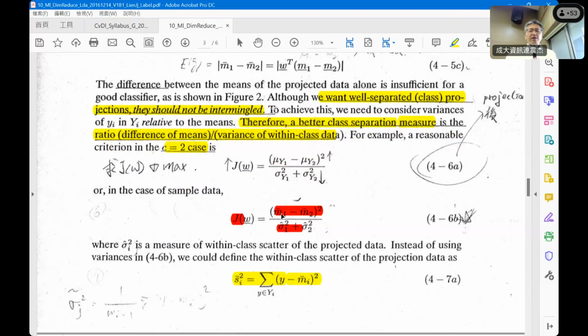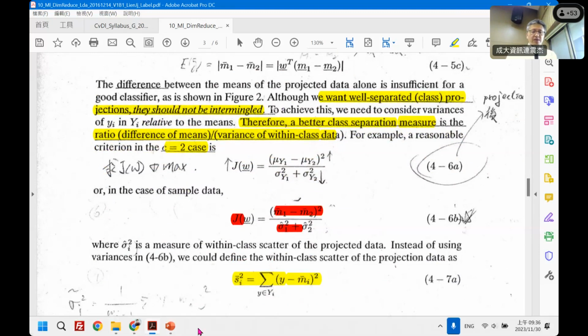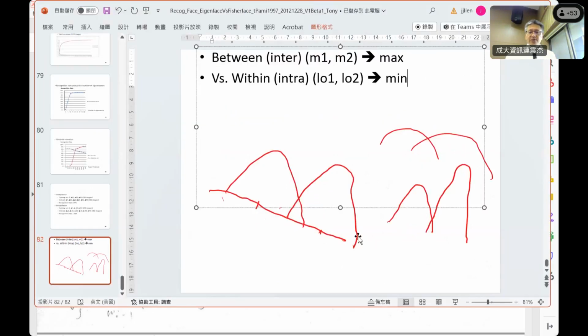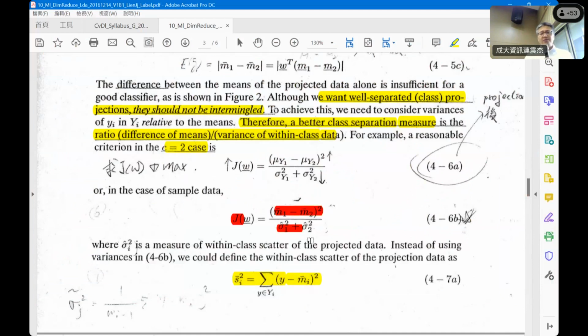We hope that in the low dimension 1D, the distance between the two mean values will be bigger, so we can separate them, and each standard deviation will be smaller. If we can solve this equation, that means we can solve W, and that's your final answer.